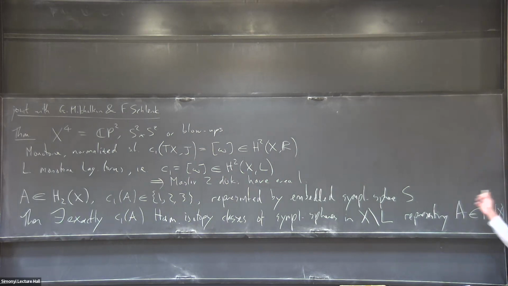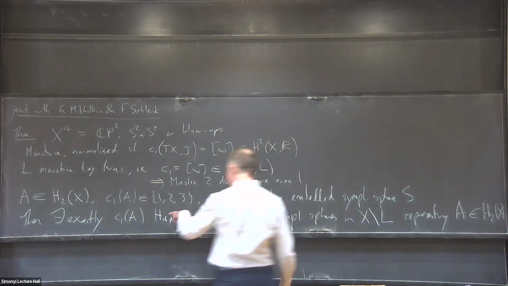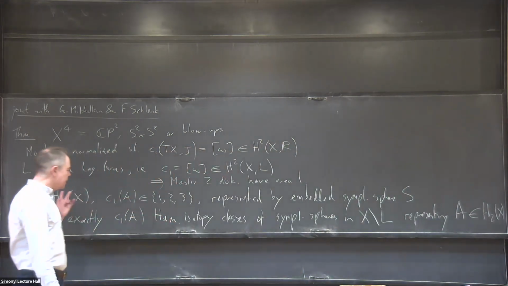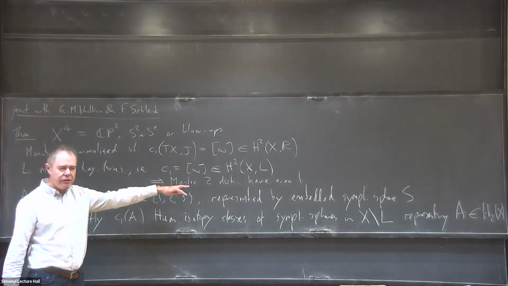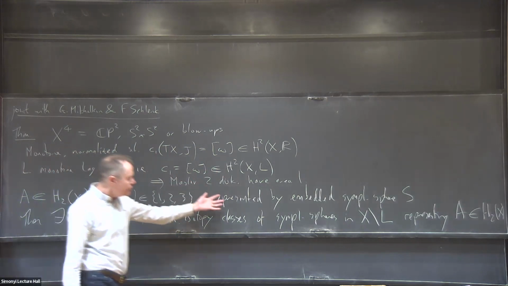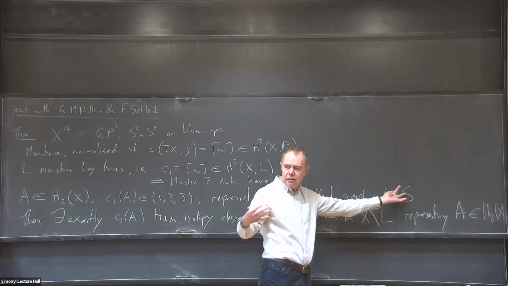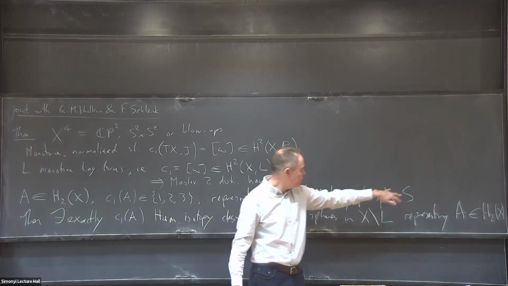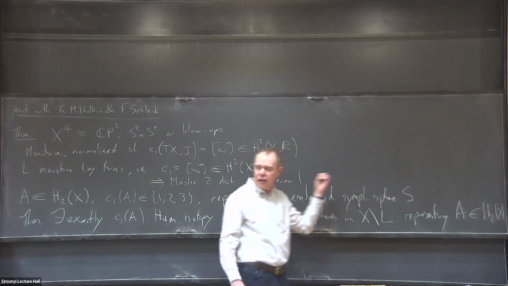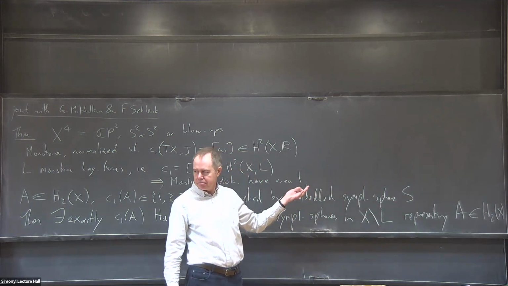So they're all in the same homology class in the monotone manifolds, but there are exactly 3 Hamiltonian isotopy classes in the complement of the torus. In particular, you can take your symplectic sphere and push it off the torus by Hamiltonian isotopy, and you can do that in exactly 3 ways.